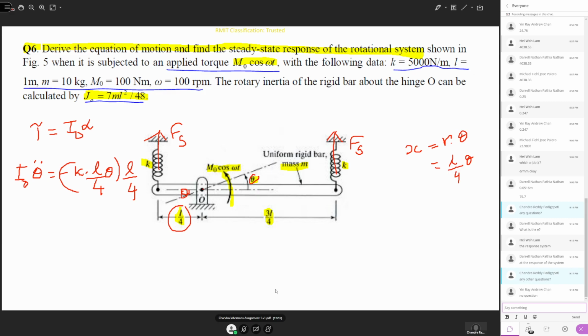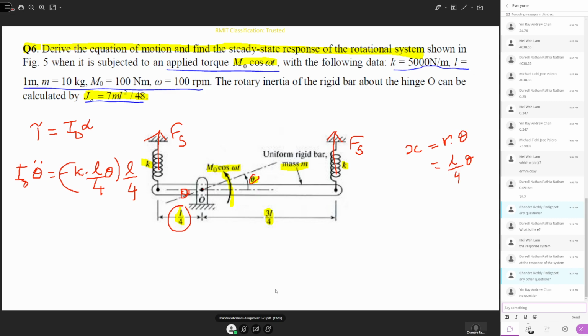Then there is an external moment here, which we write later. Then what is the moment due to this spring force, this Fs? We can write the same thing, K into X, that is the spring force. For this, X will be 3L by 4 into theta.